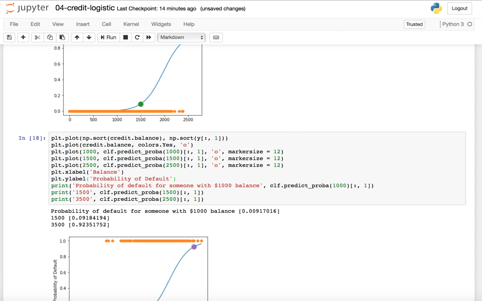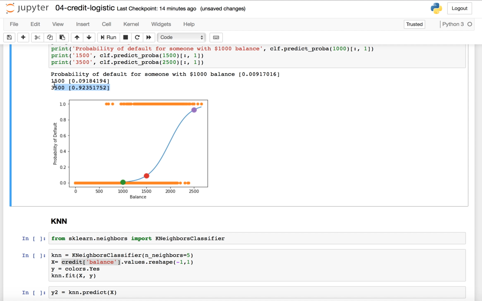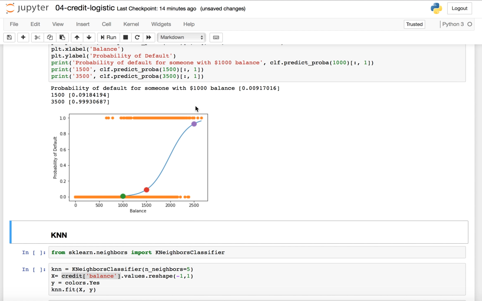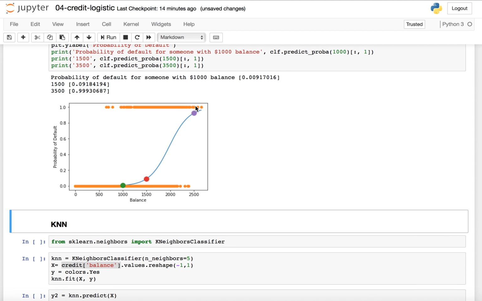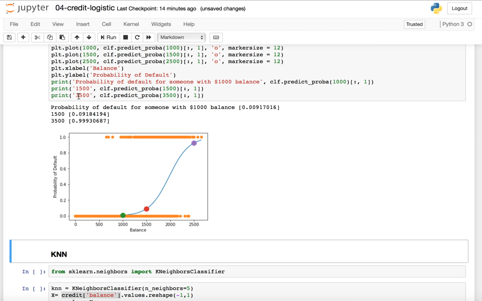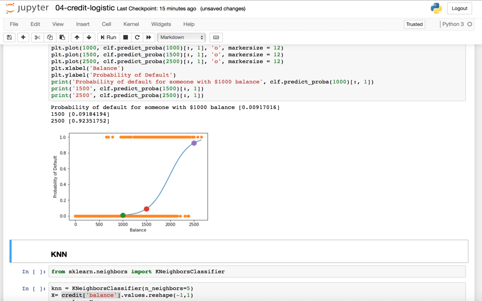We can look at a couple of other specific examples: here we have $1,000, $1,500, and $3,500, and these are the likelihoods again. The $3,500 is much more likely to default. That's what we're saying here, and that should make sense. Actually, that's 2,500, sorry, let me change this to 2,500. Okay, 92% likely that they will default.